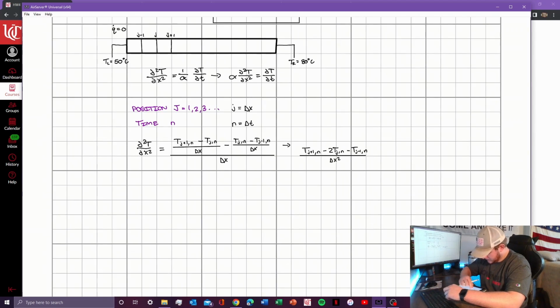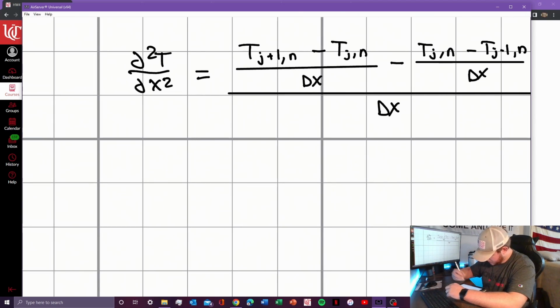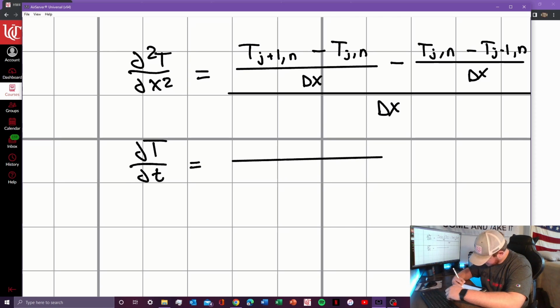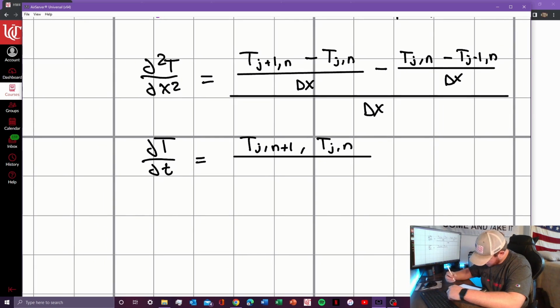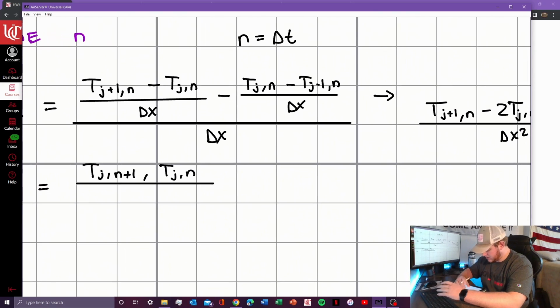Perfect. Now for the partial derivative of temperature over the partial derivative of time, this one's much easier. It's going to be T at J, n plus 1, minus T at J, n, all over delta t.